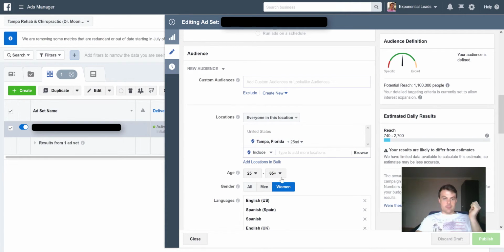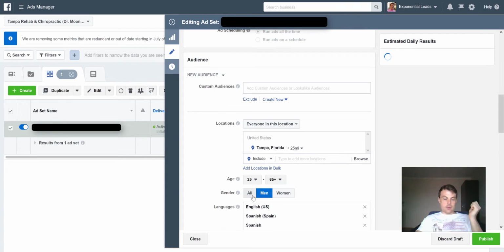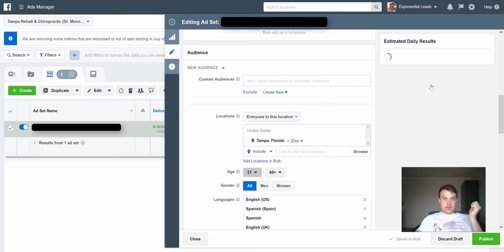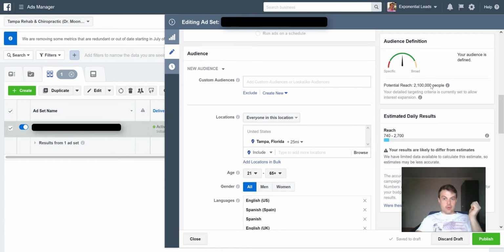Well, we can increase that by, let's say, going after men. So if I target men, or let's say all, because I want to target both, then it's gone up to nearly 2 million. Now I can also change the ages. So instead of 25, let's say I want to go down to targeting 21. And already we've increased the target audience.